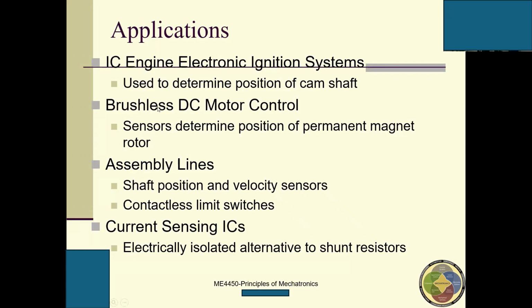This is an actuator, brushless DC motor control. Assembly lines to determine shaft position and velocity sensors, and contactless limit switches, current sensing ICs, integrated circuits, electrically isolated alternative to shunt resistors.